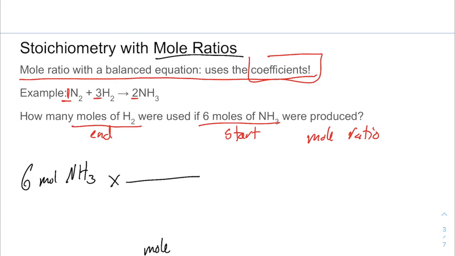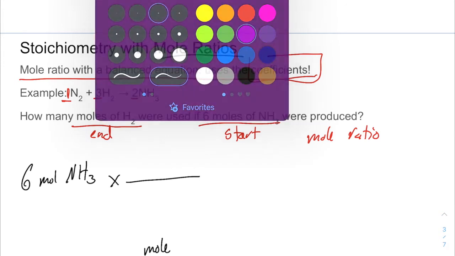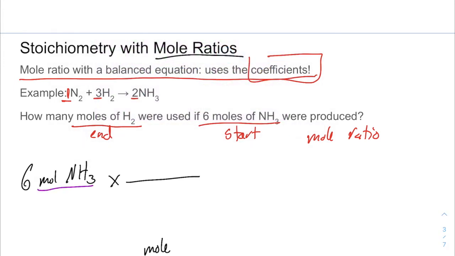Our mole ratio is just a tiny bit different. We still want to put moles of NH3 on the bottom because we want to cancel that unit. But now we're going to use our coefficients. For every 2 moles of NH3, there are 3 moles of H2.